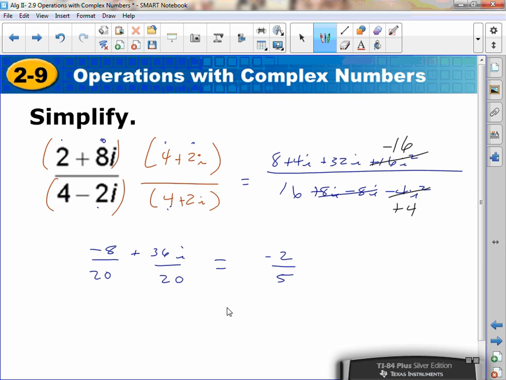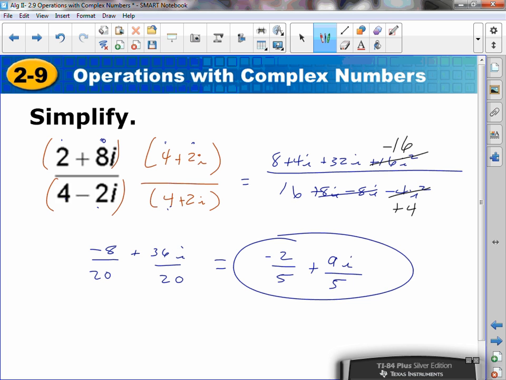Not 6, 4. 36 divided by 4 is 9. 20 divided by 4 again is 5. Your answer is negative 2 fifths plus 9 fifths i. All this is simplifying a problem that has an imaginary number in it.